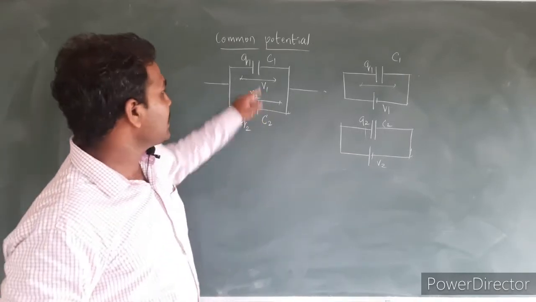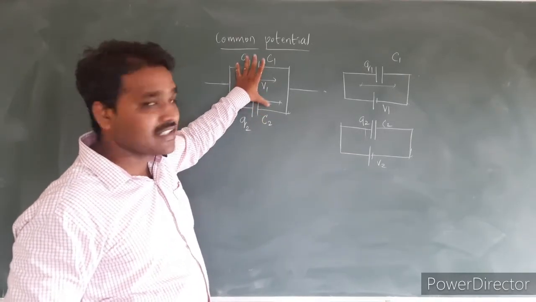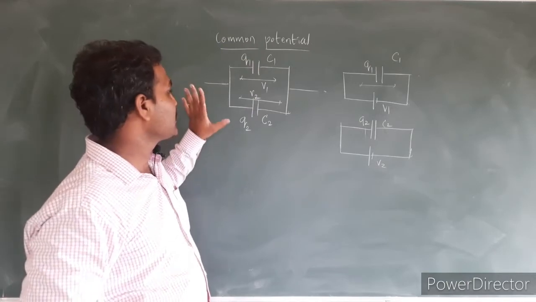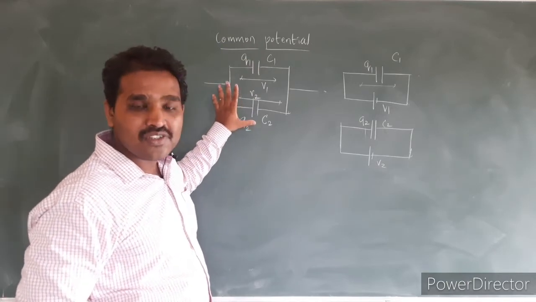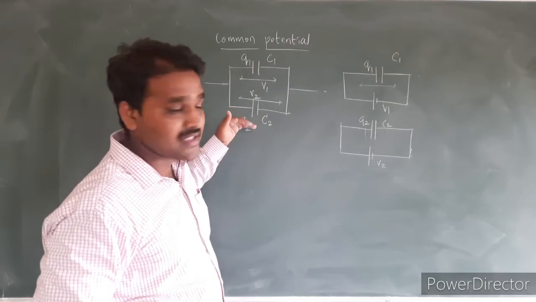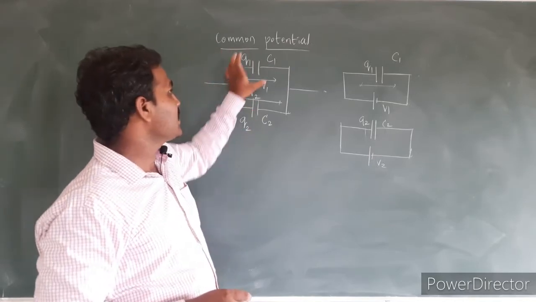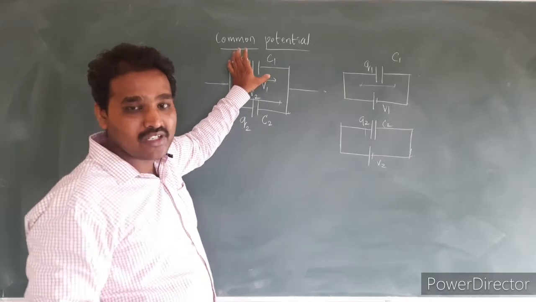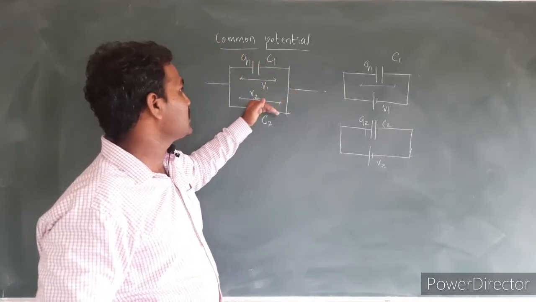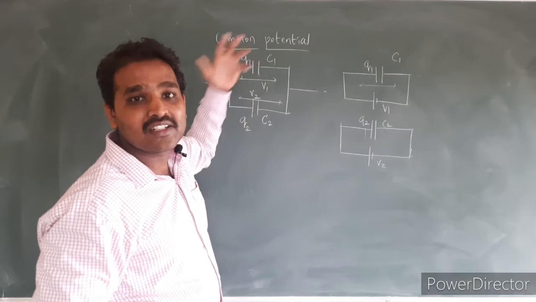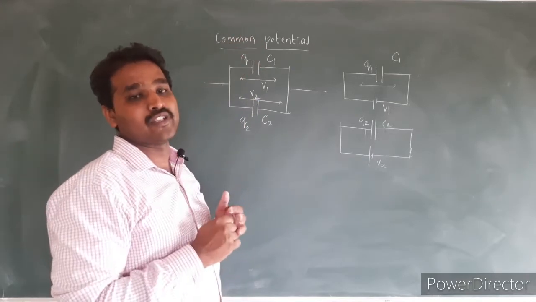V2. So when these two capacitors are connected in parallel combination, there will be transfer of charge from the higher potential capacitor to the lower potential capacitor. Whichever capacitor has more potential, from that capacitor the charge will flow to the other capacitor which has lesser potential.